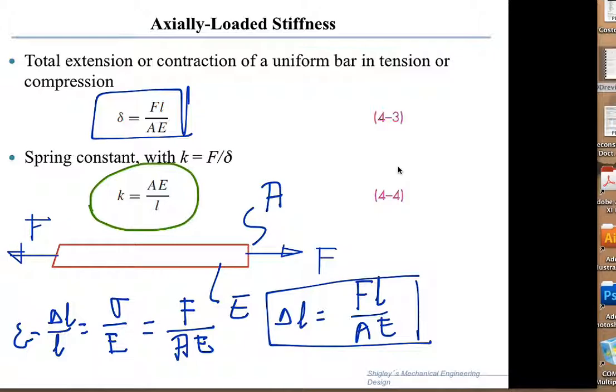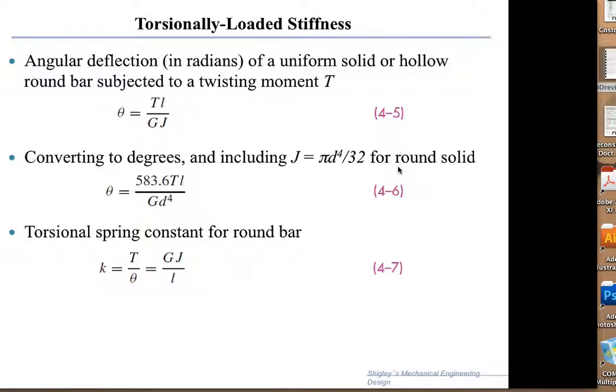The torsion case here will show, from chapter 3, that the torsional angle, or twist angle per unit length, is T over GJ. GJ we called the torsional stiffness, and this is per unit length. Then if we want the total angle of twist, we multiply by the length of the torqued member.